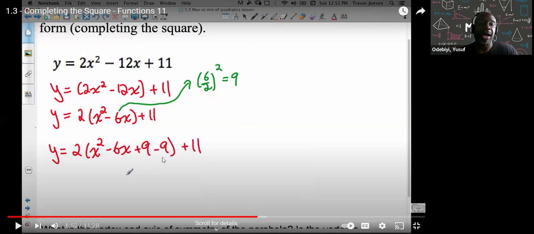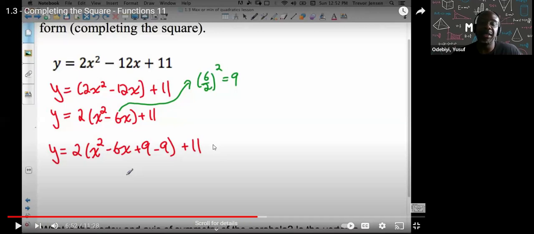So now I need to take out the negative term on the bracket so I'm left with 3 terms. When I take out this negative 9, I can't just take it out because it's inside this bracket. So I have to take it out and then multiply by this number 2. So when I take it out, it's going to become minus 18, not minus 9.